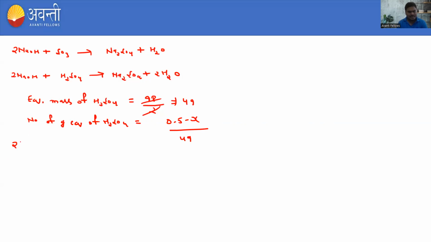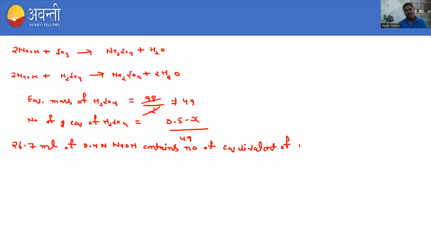So we know that 26.7 ml of 0.4 normality NaOH contains a number of equivalents of NaOH, which is equal to 0.4, divided by 1000 and multiplied by 26.7, right?